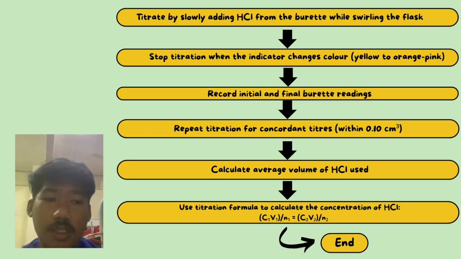HCl in this experiment is known as the unknown concentration. We also use the titration formula.